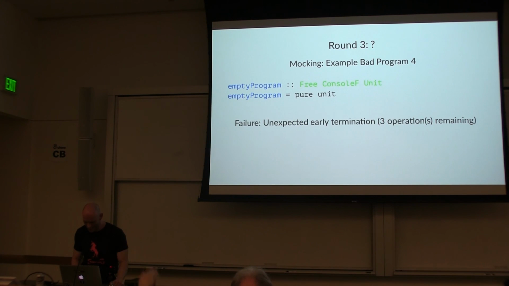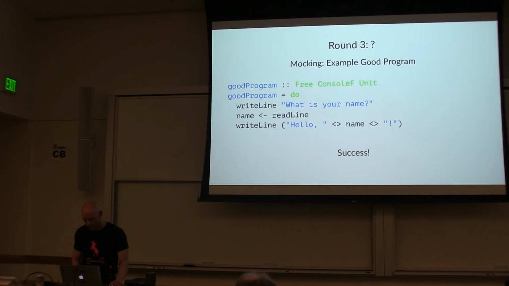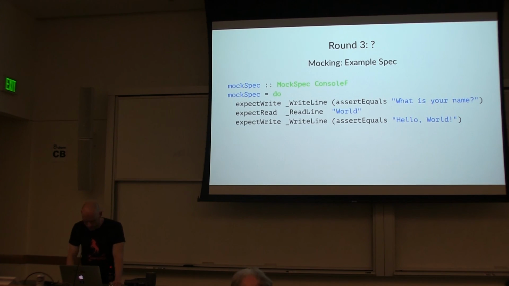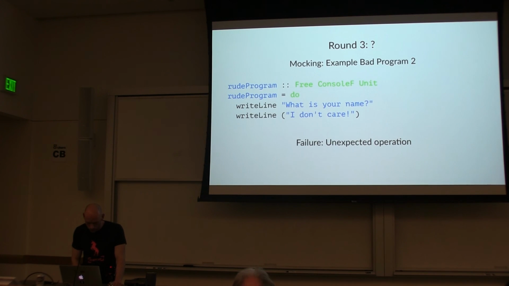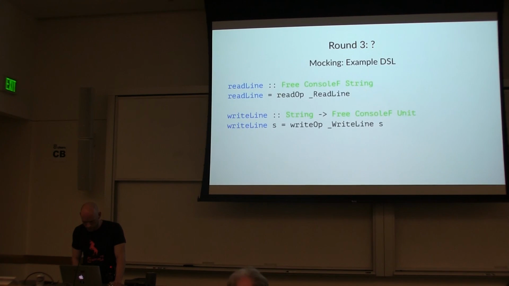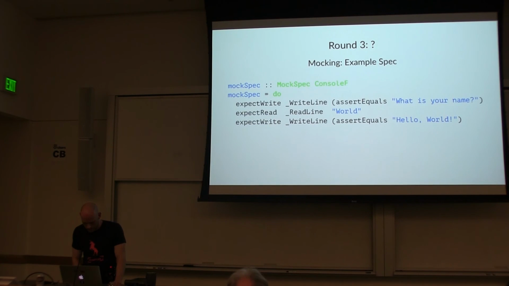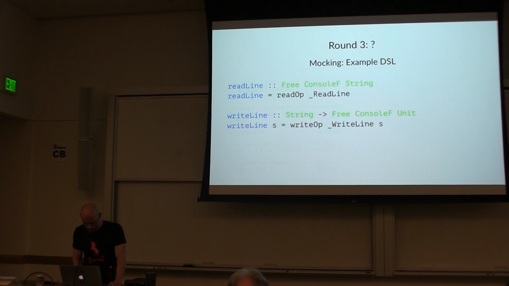Go ahead. So you said your mock spec was the state monad. Where is the state? So, run mock. Well, these are the programs, and I didn't show you me running the program, but basically there's this function here for running it. Where is it? Run mock. Yeah, there.